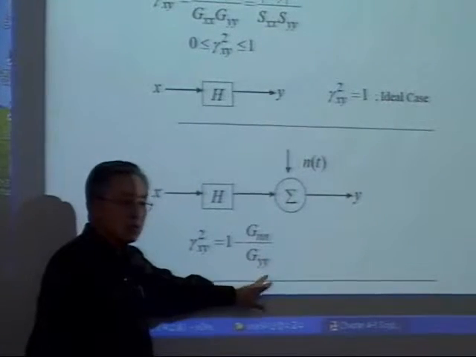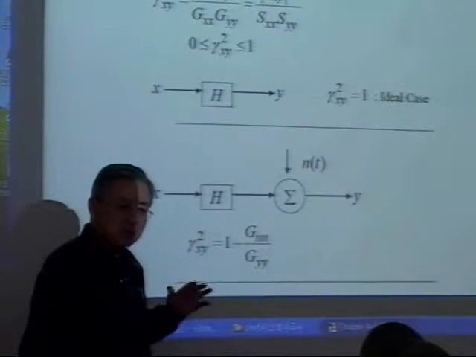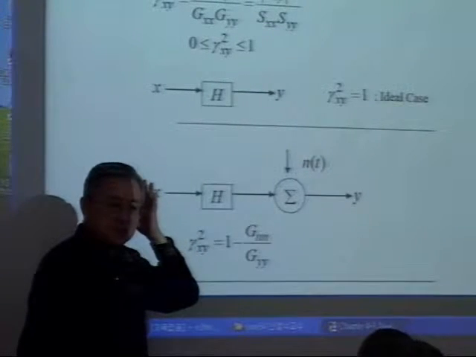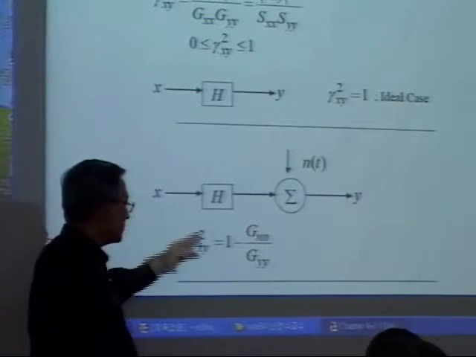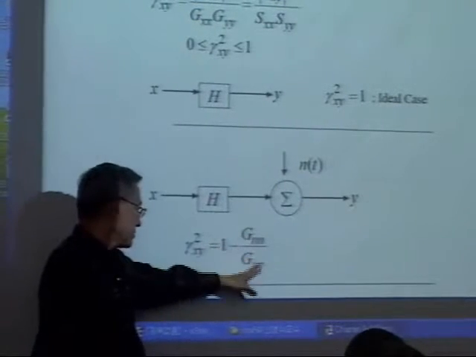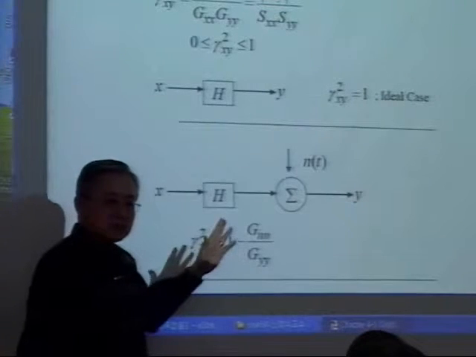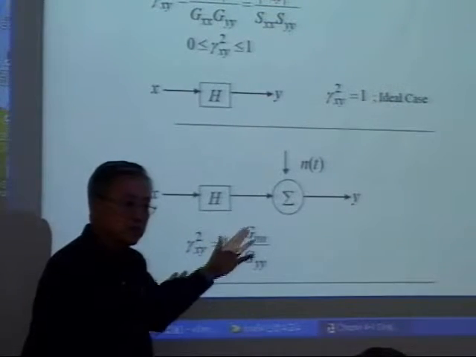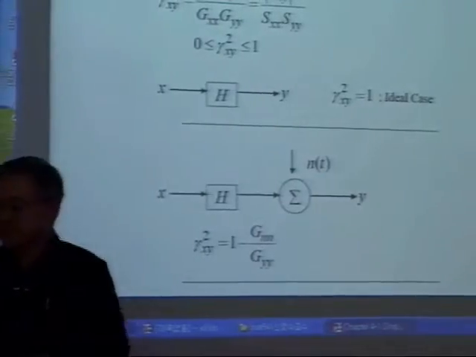Then this is 1 or greater than 1, but greater than 1 doesn't mean anything, and it is not even possible to have greater than 1. So if this is large, then 1 minus the maximum is 0, which means nothing but noise in the system. You have nothing to measure the real signal.